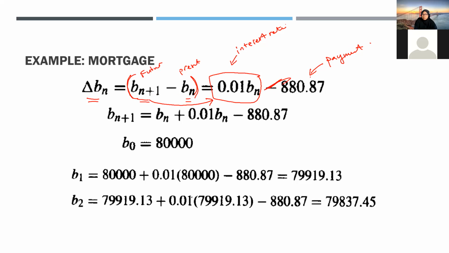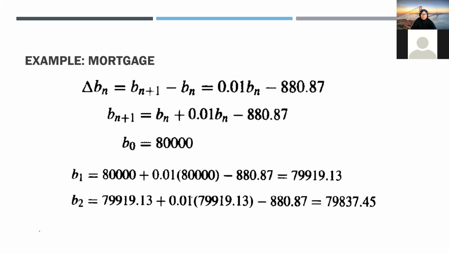Without the payment, kalau saya tak bayar, contoh saya tak bayar 2-3 bulan, so you can see that the balance dia lagi tinggi, 0.01. Tapi disebabkan saya punya pembayaran, dia akan jadi berkurang. So the change right here is increase by the interest rate, decrease by the payment.